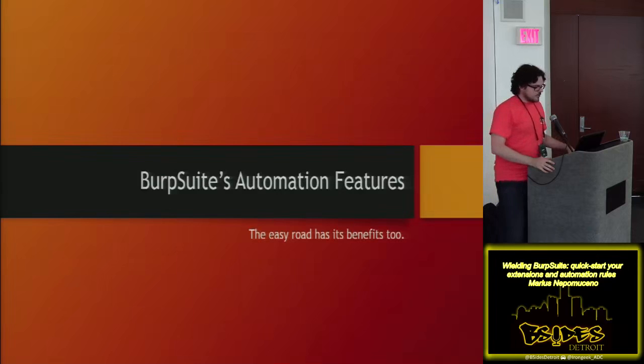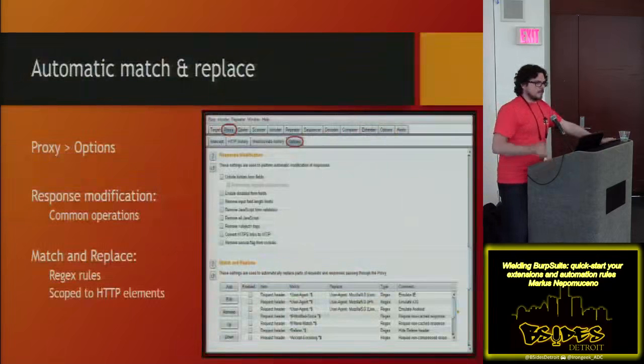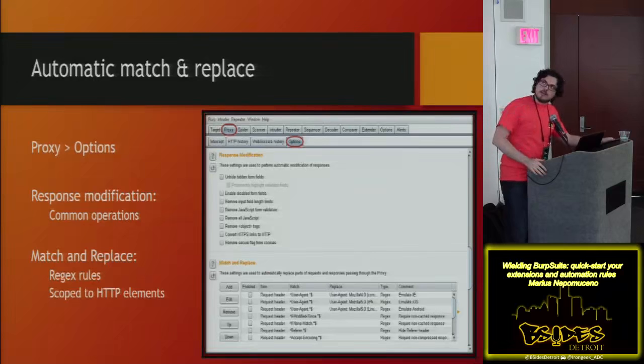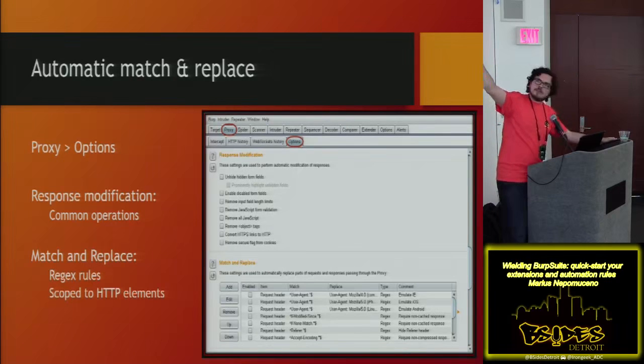BurpSuite's automation features. You don't need extensions or anything to use these. These are all built in. You can just dive right in and see what they do. Under Proxy and then the Options sub-tab, you'll see two sections, response modification and match and replace. Response modification, just any of those checkboxes will do what it says for every response that comes by.